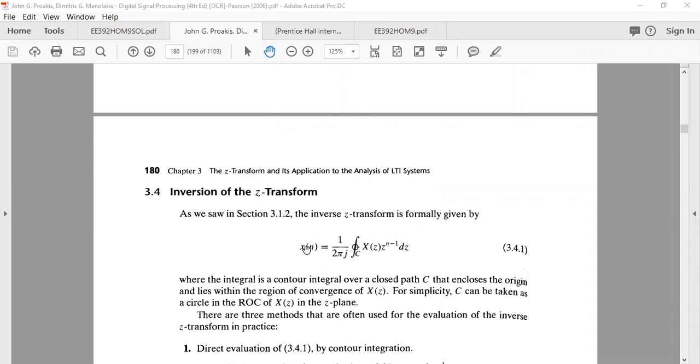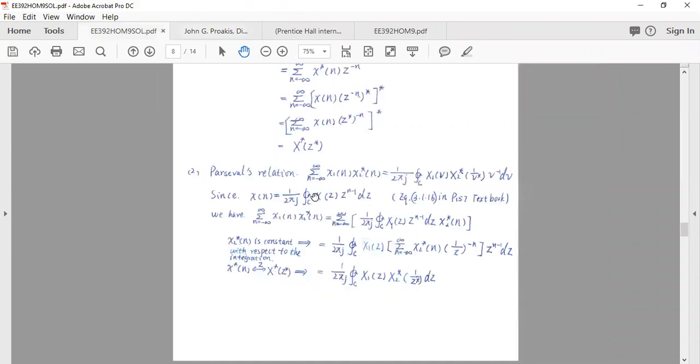So basically you can obtain x of n by performing the contour integration of x of z multiplied by z to the power of n minus 1, and the whole thing multiplied by 1 upon 2 pi j, right? So using this property given on page number 180 of your textbook, we can rewrite x1 of n.